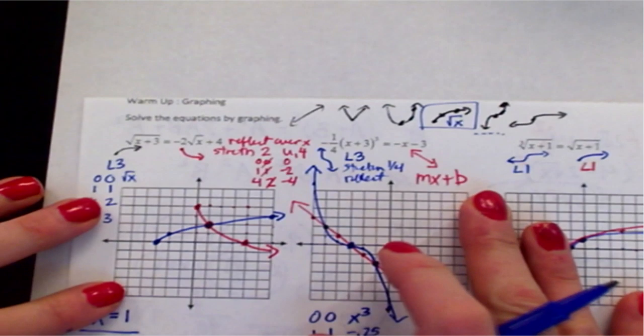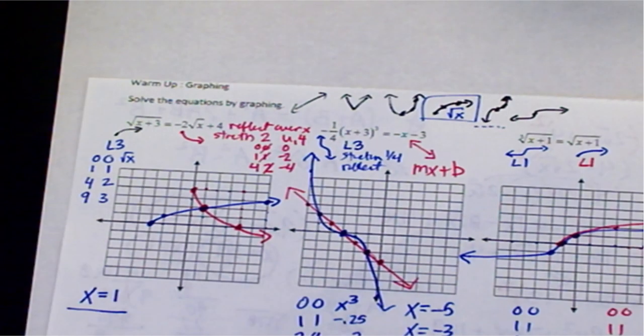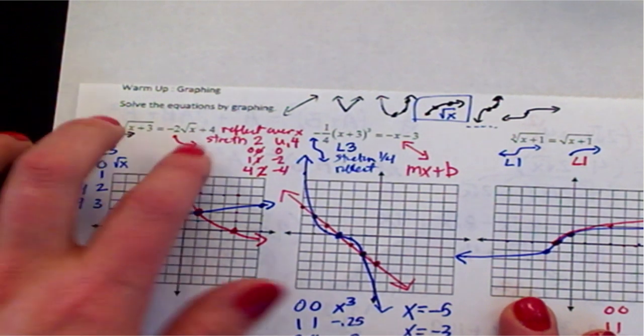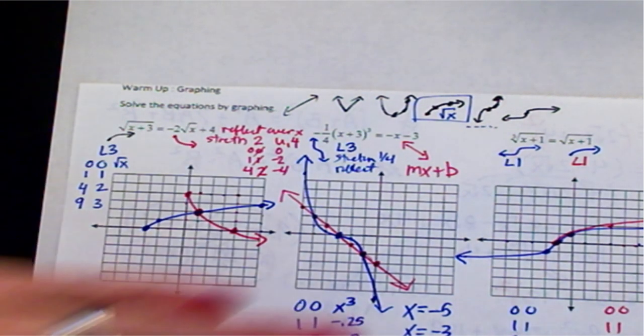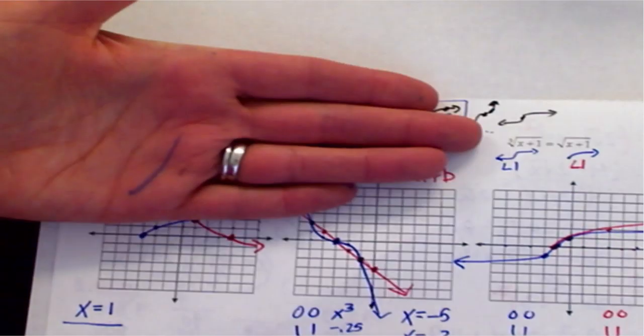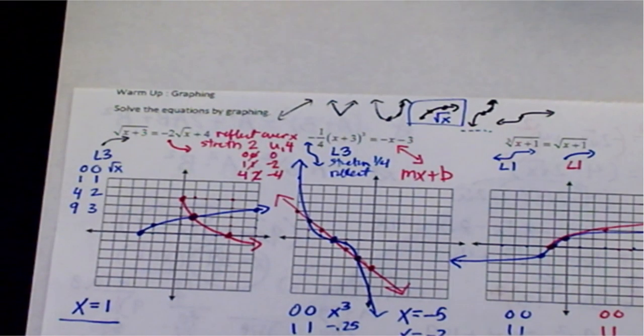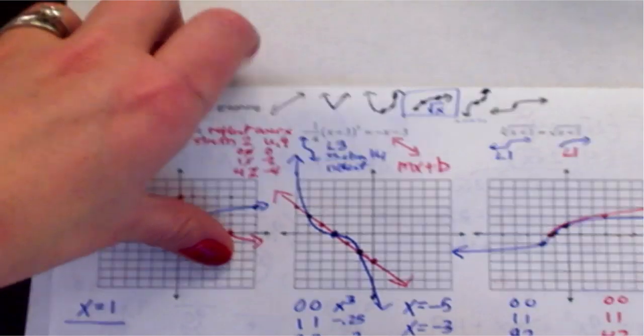Look at your graph. What happens over here? They get further apart. It's not an answer. They do not cross over there. That's how extraneous solutions happen. When you square these things, the negatives disappear. The whole bottom half of your graph flips up top. No negatives.